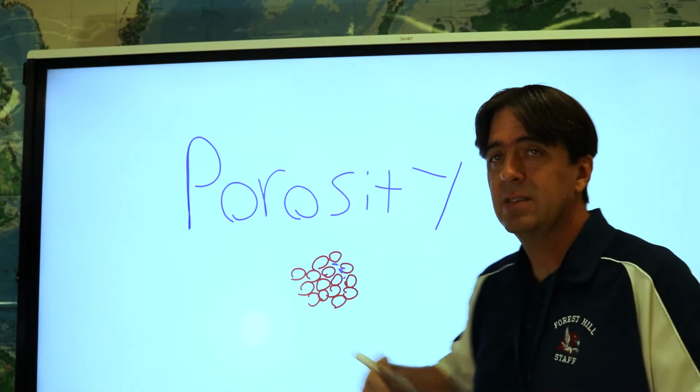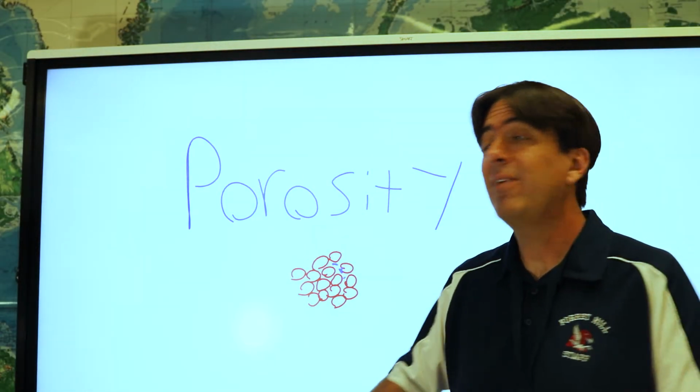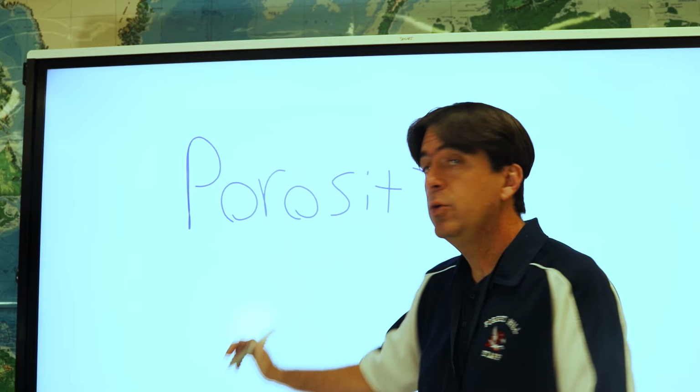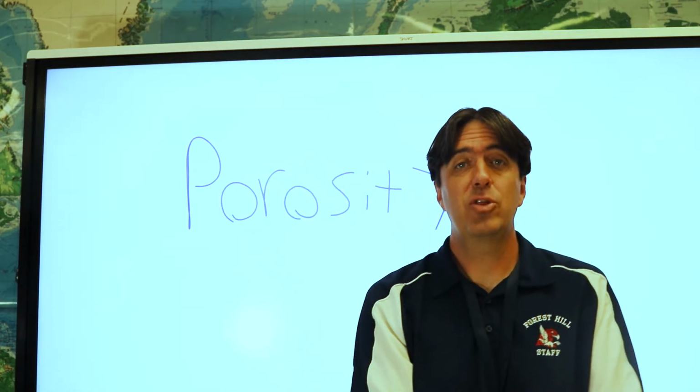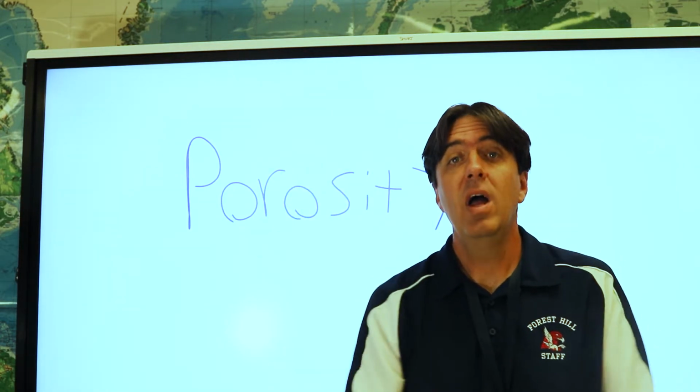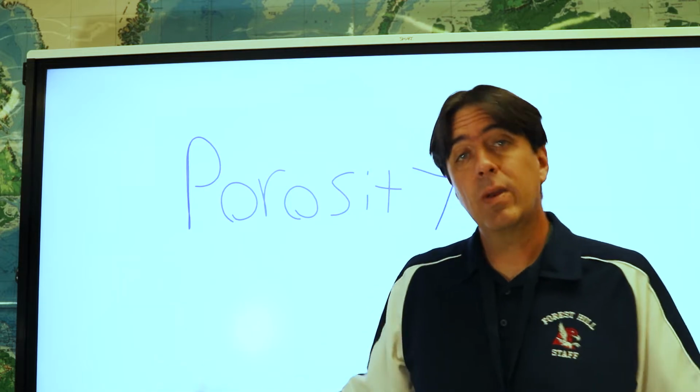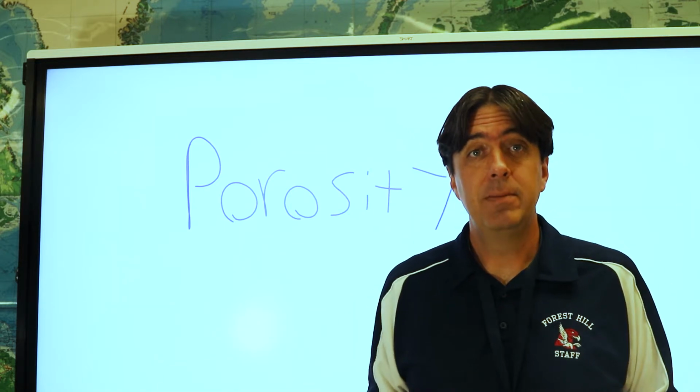So the porosity is going to be much less. Now, when you have a higher porosity, you have water that can permeate through the substrates a lot deeper. So that's what we are going to be looking at in today's lab.